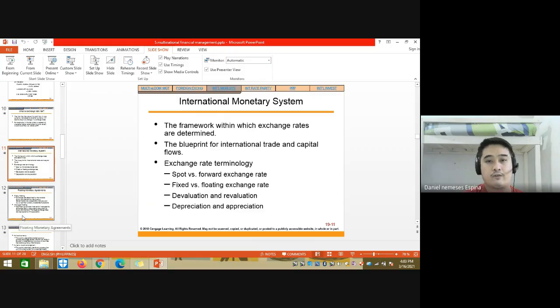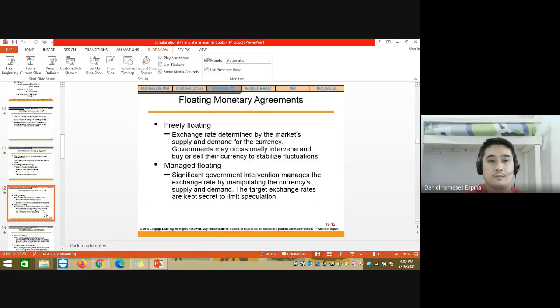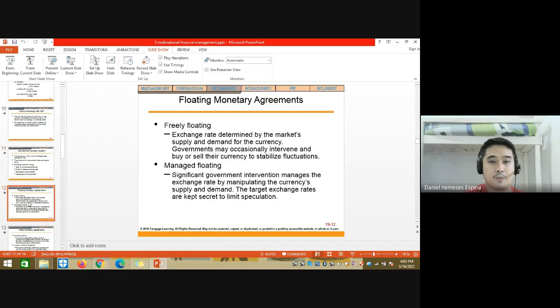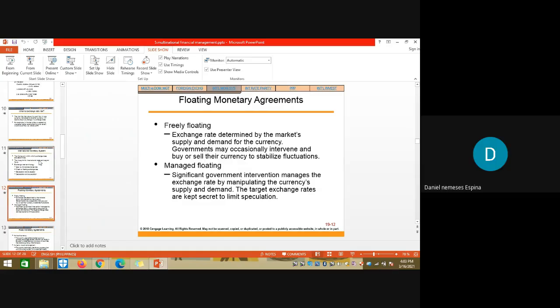We have the international monetary system, or the framework within which the exchange rates are determined. We have the difference between the spot and the forward rate, and the fixed and the floating monetary arrangements.